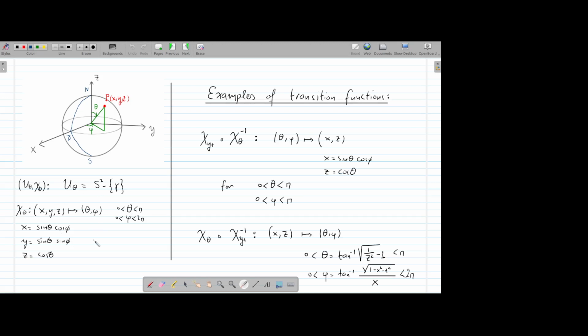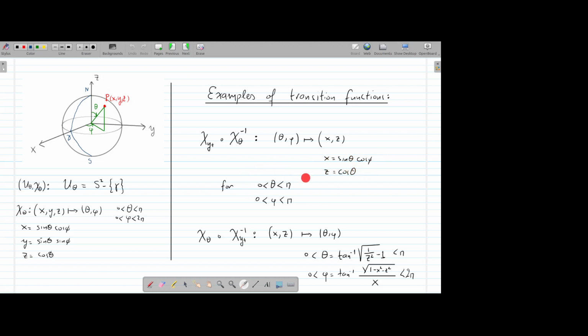So this is an admissible chart of the sphere, which is compatible with the charts that we considered before, defined by hemispheres. So, for example, if you consider the coordinate transformation from theta phi to x and z in the y plus hemisphere, then theta and phi is mapped to x and z, with x given by this relation and z given by that relation.